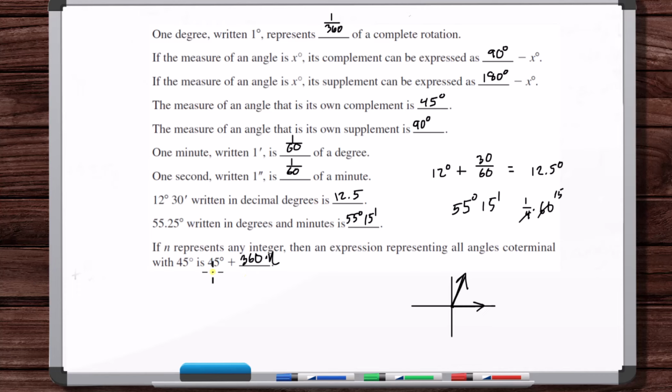So an angle that's 45 degrees plus 360 times n is, if this is 45, that's about 45, and then you do 360 n, then that angle, 45 plus 360 n, is going to have this same terminal position.